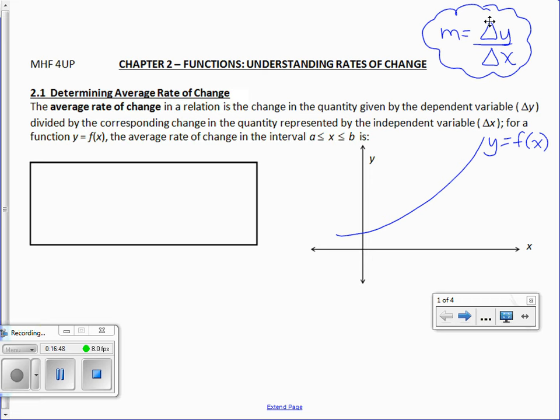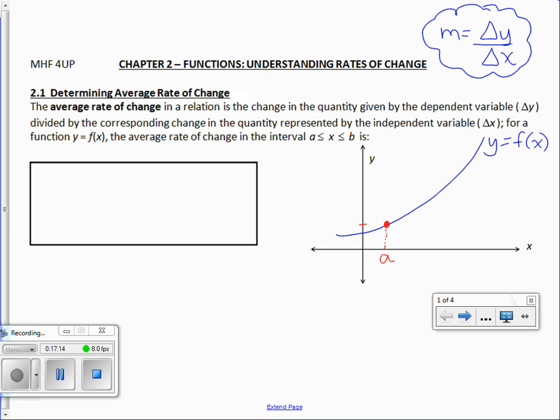If I pick a point here, and that's A, what would the y value be of that function? In general, it's just a generic function. If that's A, then how high is this point?